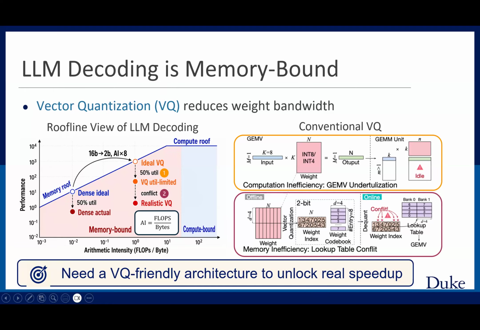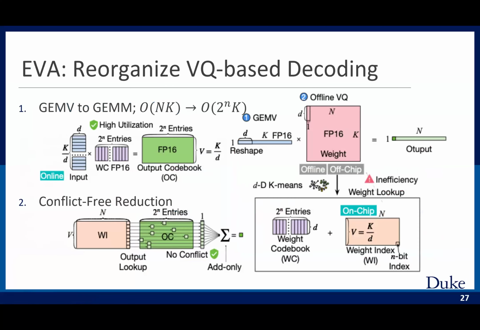As the name suggests, the goal is to reduce the representation from high precision to very low precision. In practice, however, we find it doesn't really improve performance, because of computation inefficiency, low utilization of the computation units, and memory inefficiency. Basically, when we do those lookup table searches, it's controlled by the content.